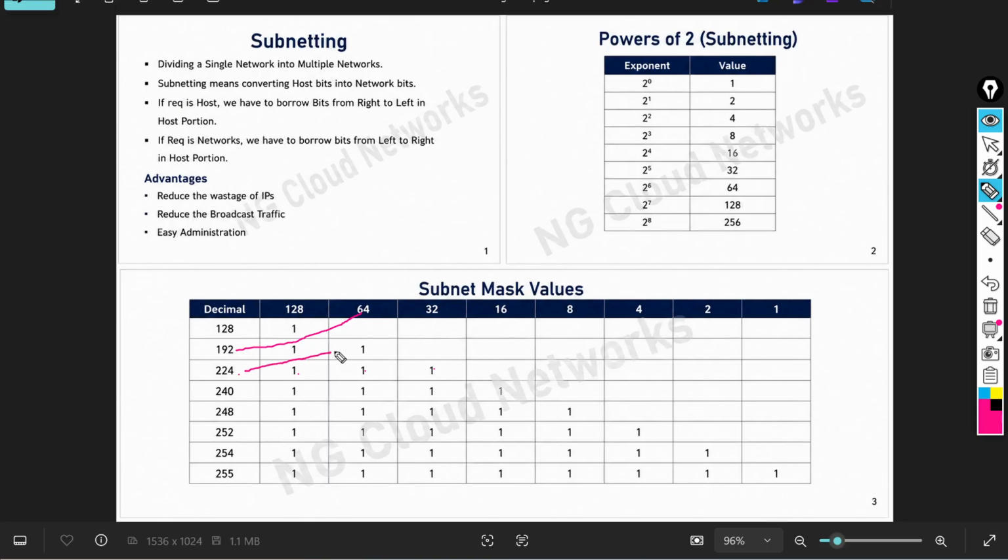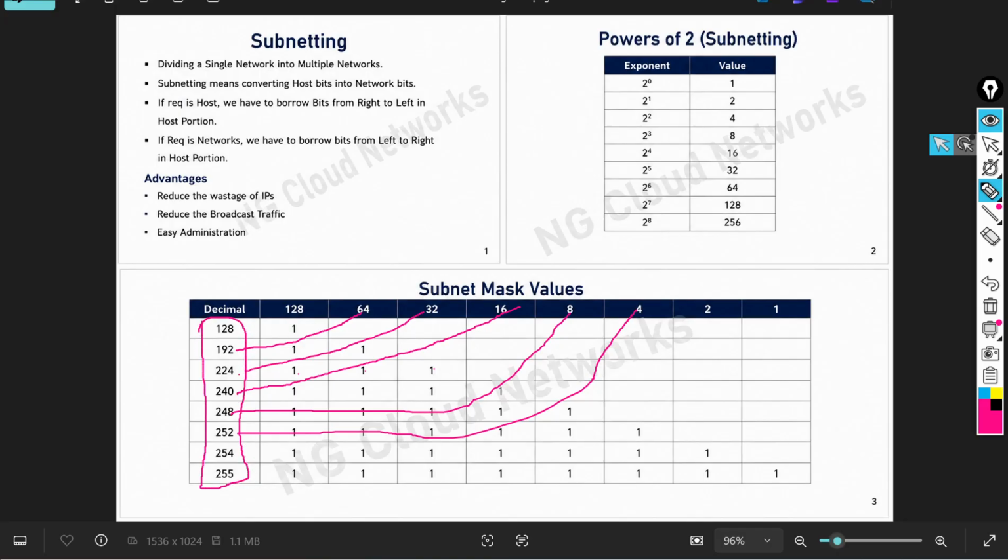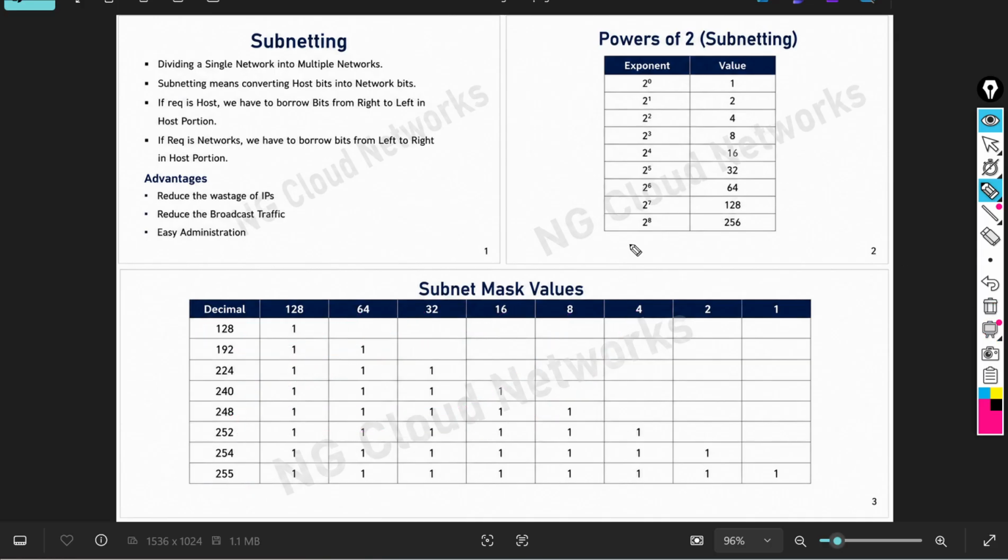If we add these three, you will get 224. And 240 means 128 plus 64 plus 32 plus 16. And 248, the first 5 up to here. 256 is right this one. These values are very, very important. These two tables are very, very important.